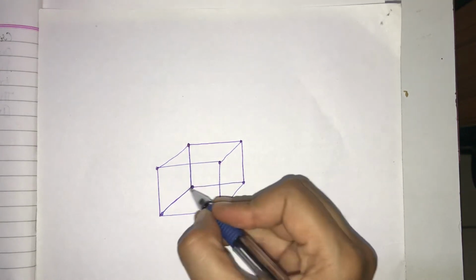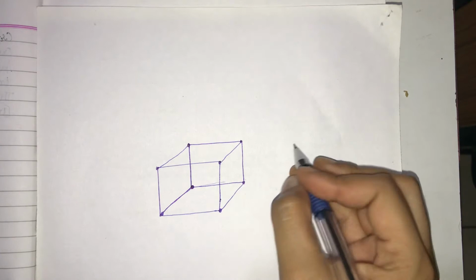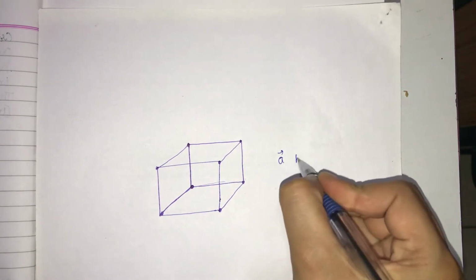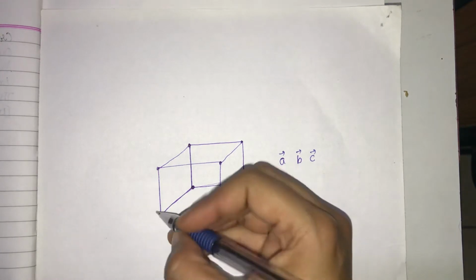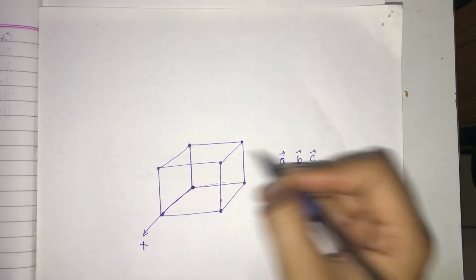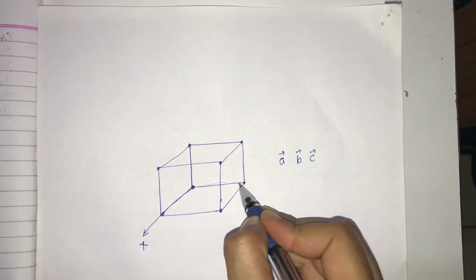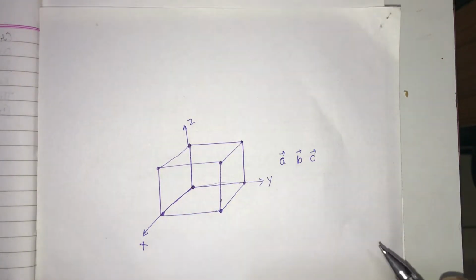So in this unit cell, this is the a vector, this is the b vector and this is the c vector, the lattice parameters. Then mark the coordinate axes: this is x along the a vector, y along the b vector and z along the c vector.